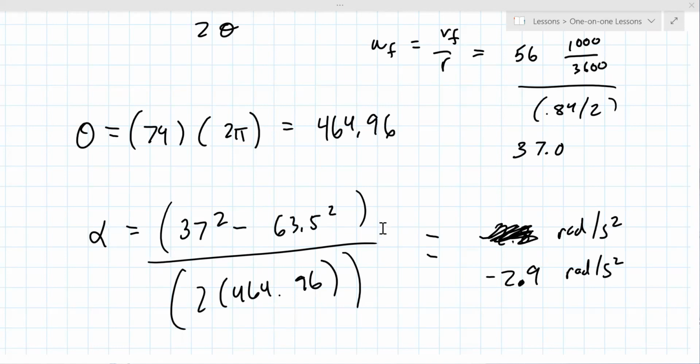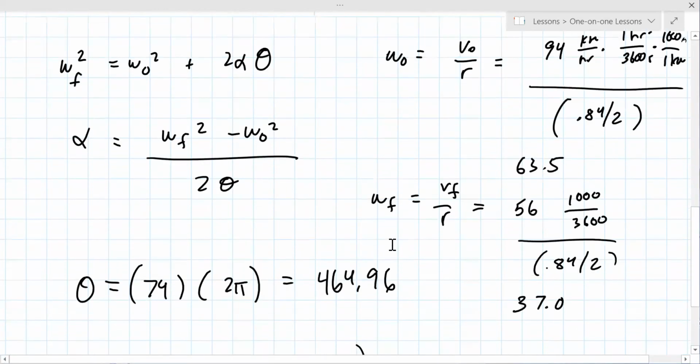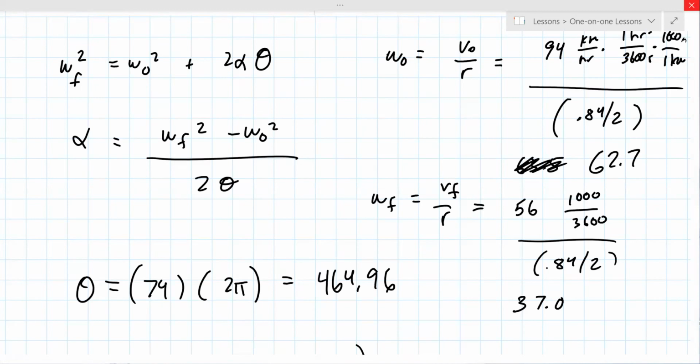The first number's a little bit off. It's 62.7. Oh, it might be enough because you're squaring it. So this one ends up being minus 2.8. I thought you tried that already. Yeah, I did, but it didn't work for some reason.